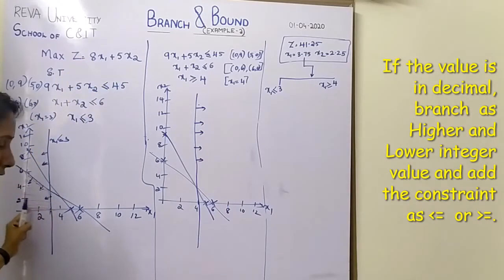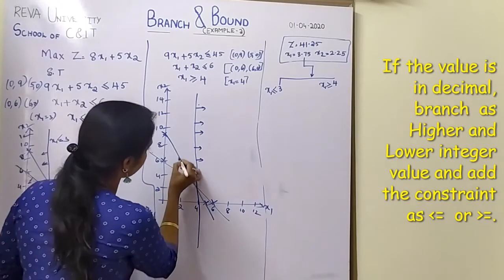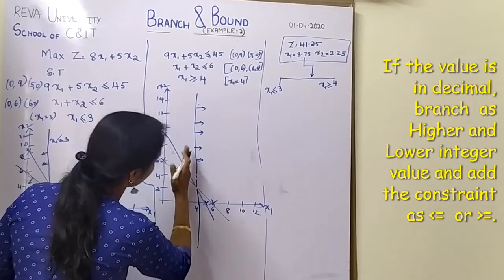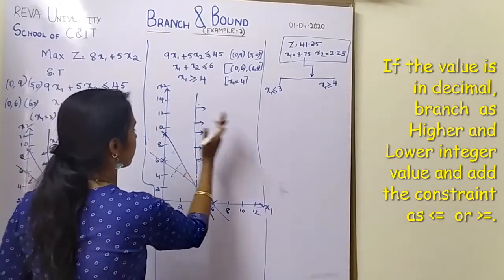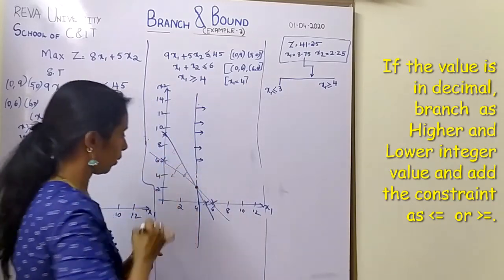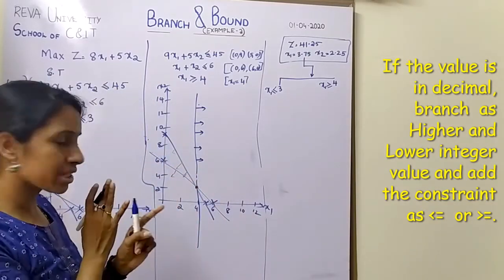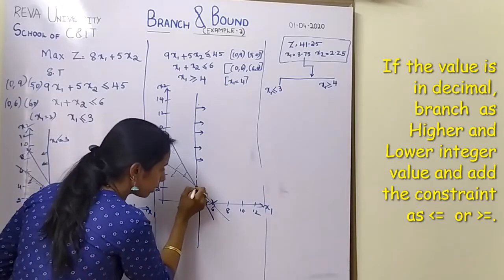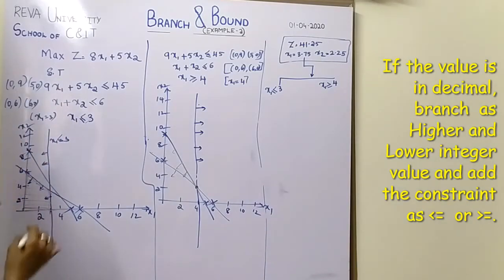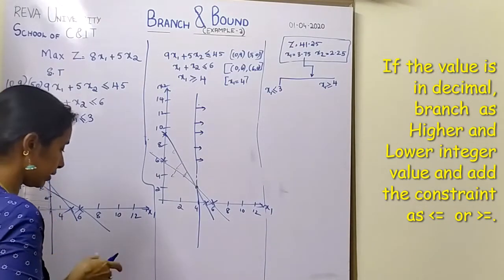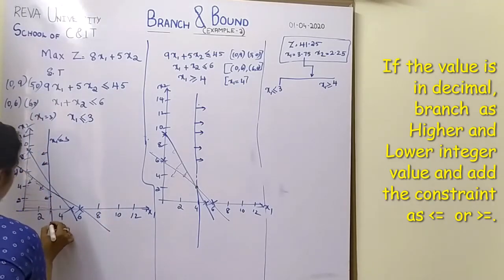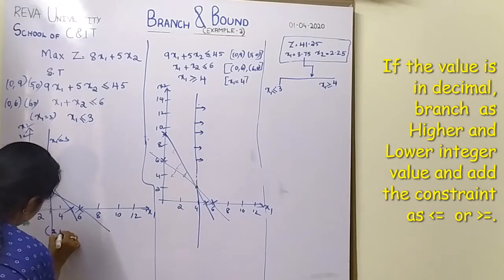And here, it says it should be less than, so the value should be here, but the last constraint says that it should be greater than. So you will get only one coinciding point here. There is no feasible region. Here this point is 0, 6. Here is 3, 0.